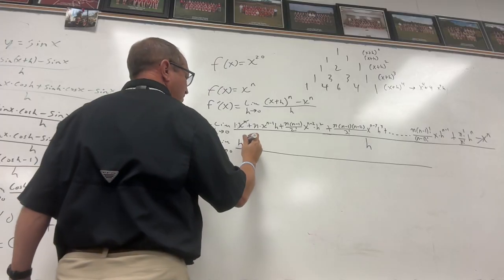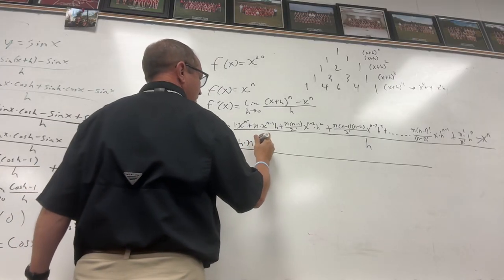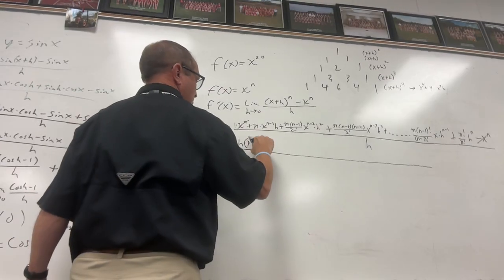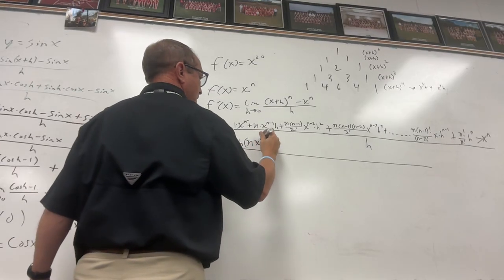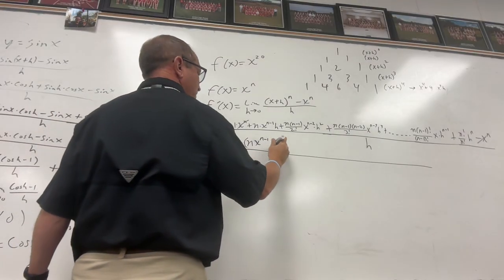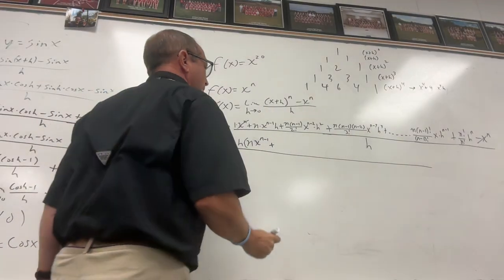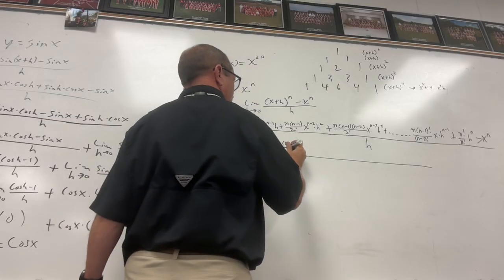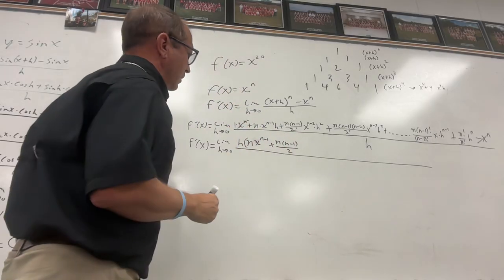So I've got h times n times x to the n minus 1. And I factored the h out, right? All right, plus the next term would be n times n minus 1 over, I'll just write 2 because that's what 2 factorial is.